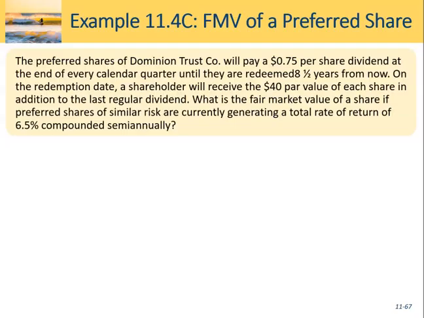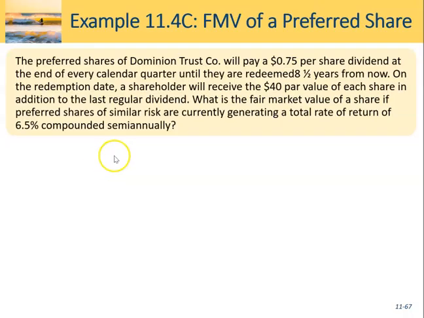So what is the fair market value of a share if preferred shares of similar risk are currently generating a total rate of return of 6.5% compounded semi-annually? All it's given us in that long-winded sentence is what our interest rate is: 6.5 compounded semi-annually.